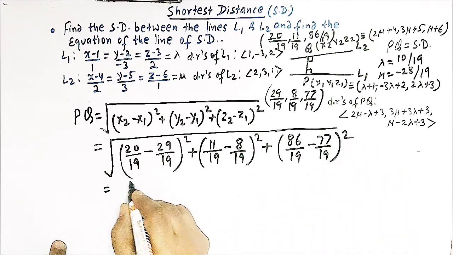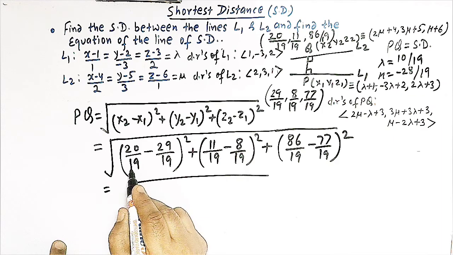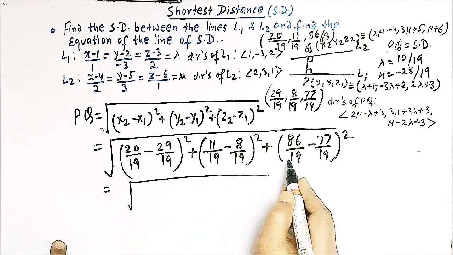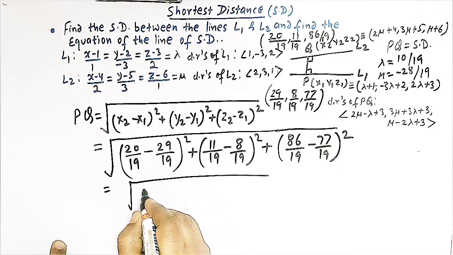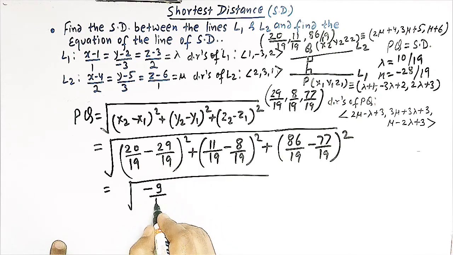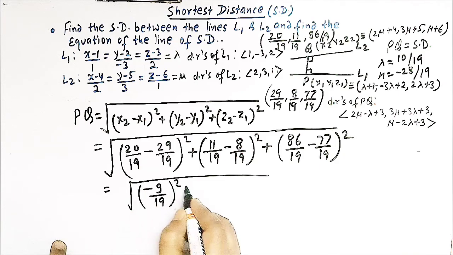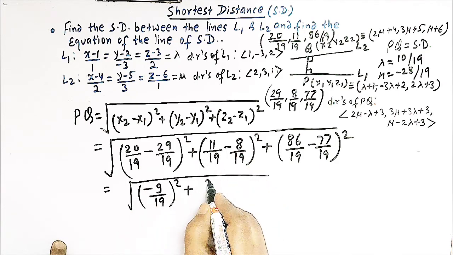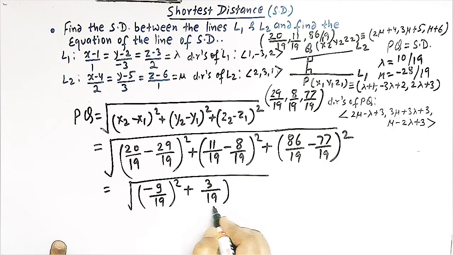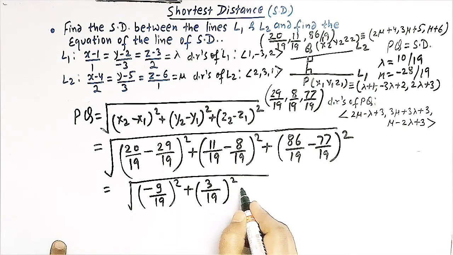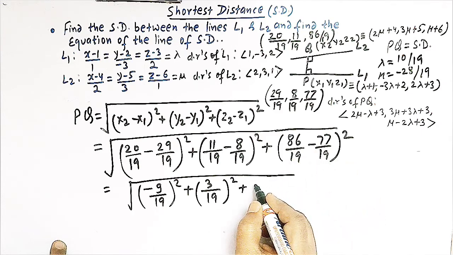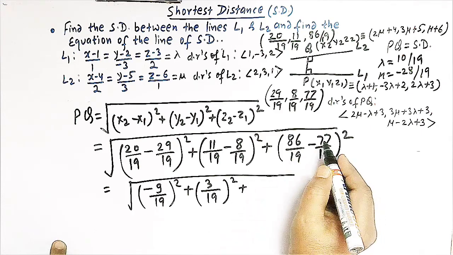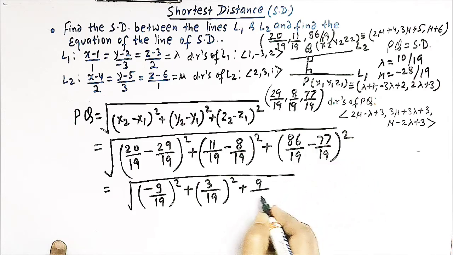So now here the denominators are the same. So we have 20 minus 29 is minus 9, and here we have 19 squared. 11 minus 8 is 3, so we have 3 over 19 squared, and here 86 minus 77 is 9, so we have 9 over 19 squared.